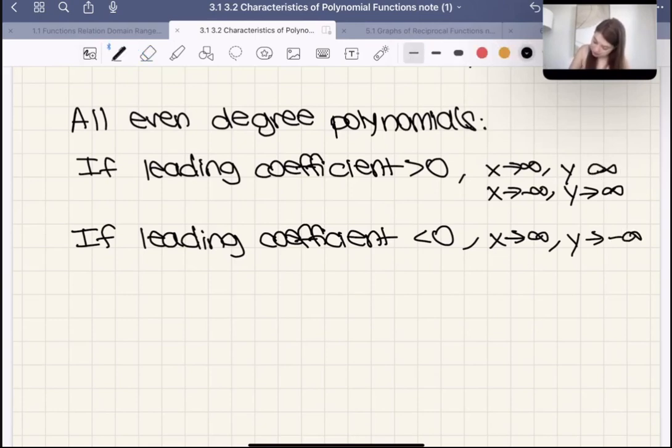And as x approaches negative infinity, y still approaches negative infinity. So the parabola opens down, or, more broadly, the degree opens down. Awesome.